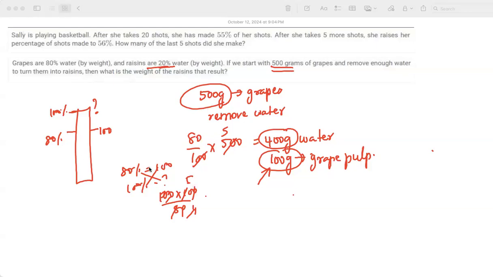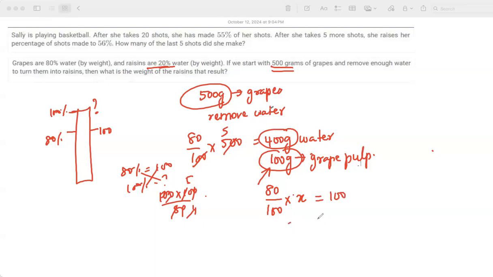So this constitutes 80% of the weight of raisins. One second, guys. Let me see where we are missing. So this is 80% of the weight of raisins, equal to 100.